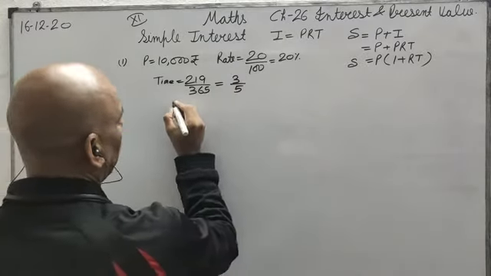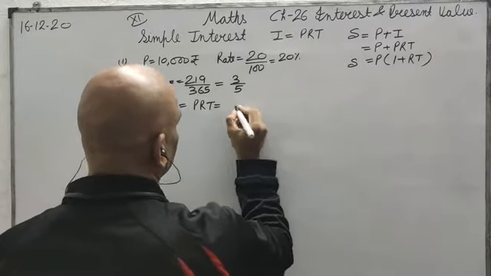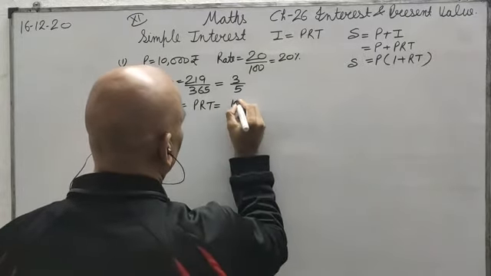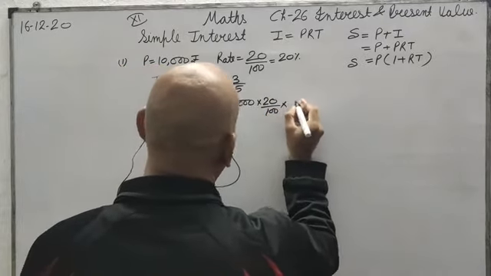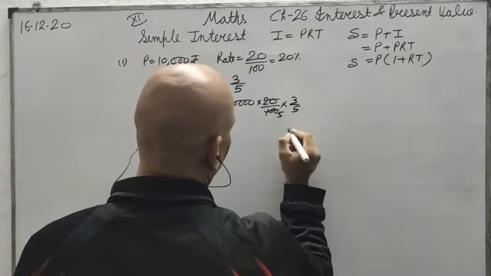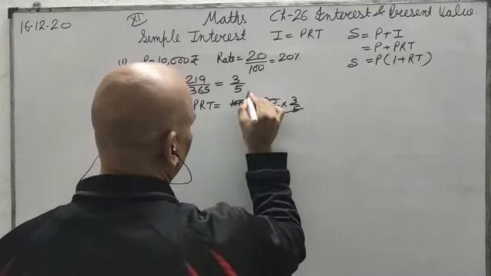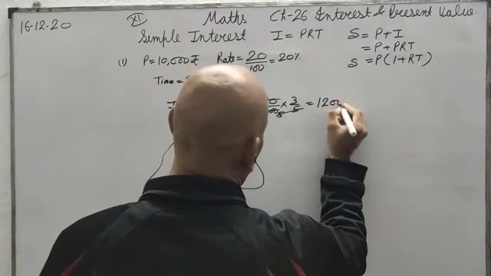So now we can calculate interest by the same formula PRT, that is 10,000, 20% means 20 upon 100, and time is 3 by 5. Here also 5 is cancelled. 5 5s are 25, 4s are 400, into 3, 1200 is the interest.